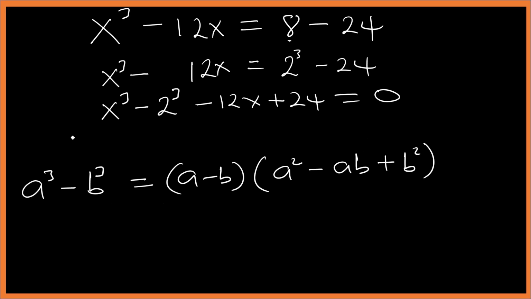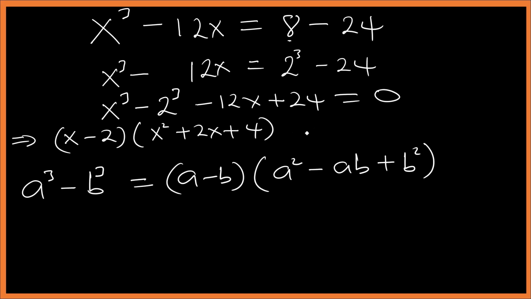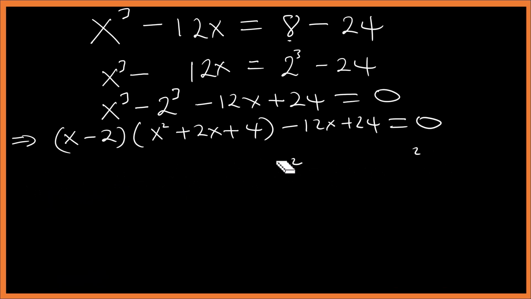So we have this. We can write this as x minus 2, then we have x squared plus 2x plus 2 squared, which is 4. Then we have minus 12x plus 24 equals 0. All right.